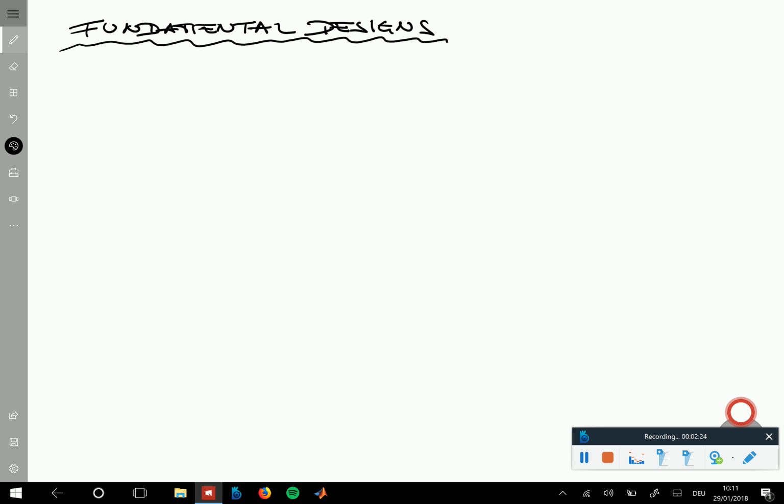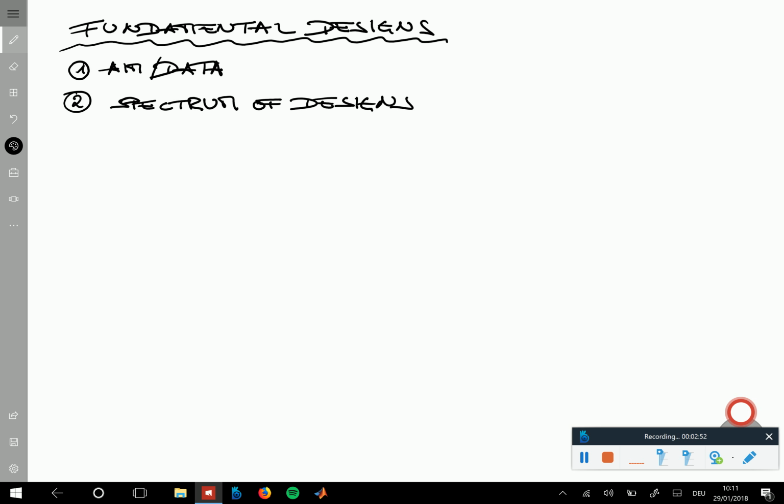So let's start with the outline. First I want to tell you what we're going to discuss, and also discuss the data that we are using to exemplify these GLM designs. Then we will talk about a spectrum of designs. And then we are going to talk about some categories of designs.